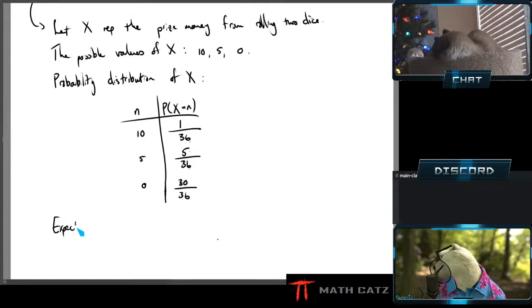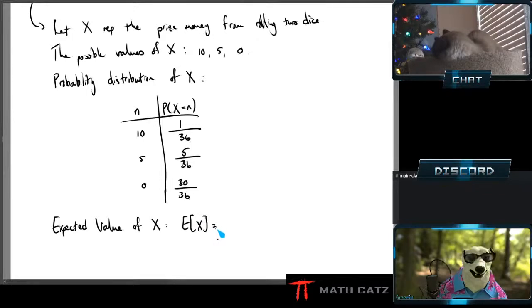That's where the first measure to help us analyze this game is the expected value. And of course, it's the expected value of the random variable. The random variable is the representative of this whole situation. And we're going to write it as E square brackets X. That's how I'm going to do it.